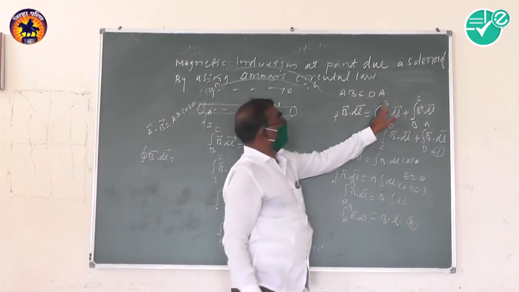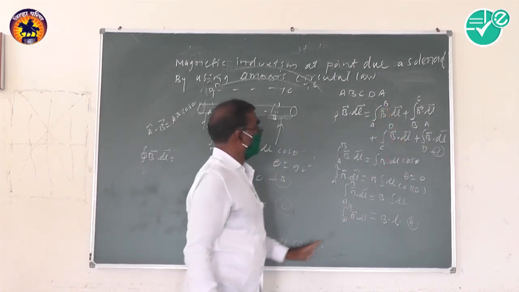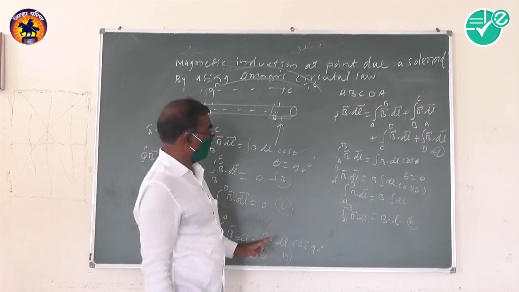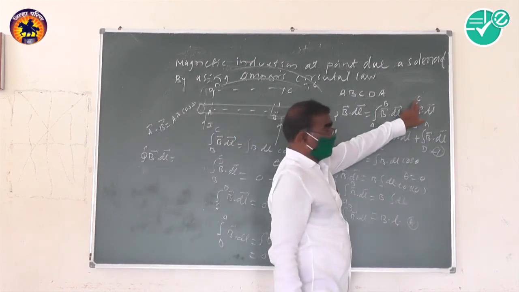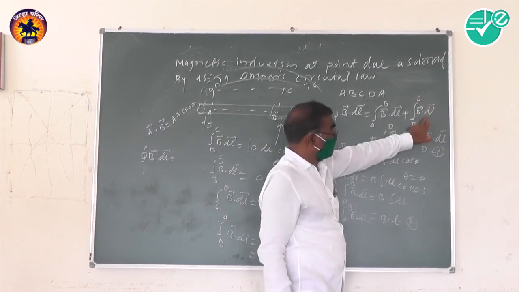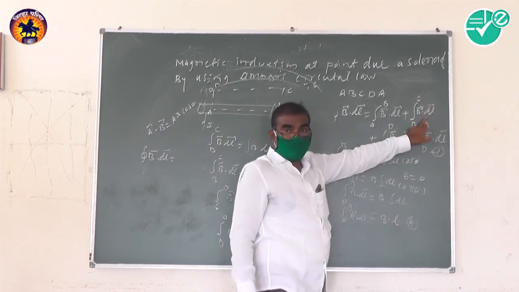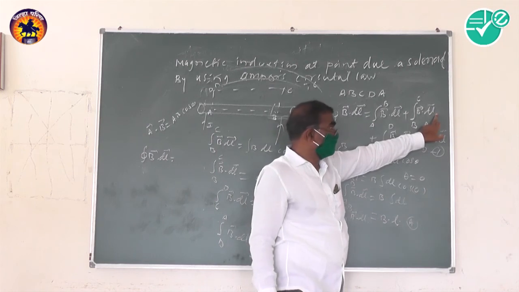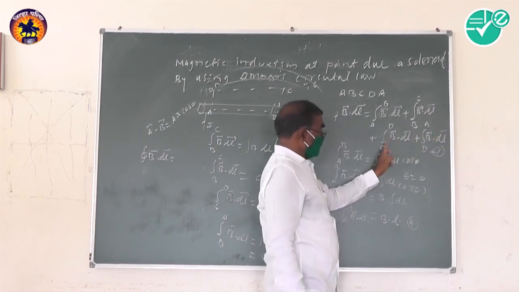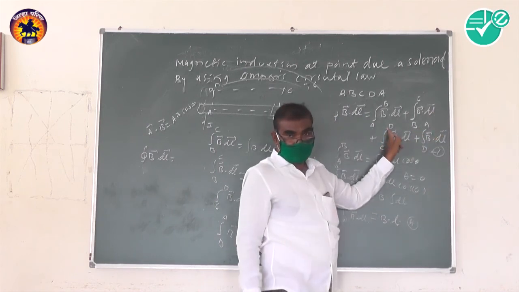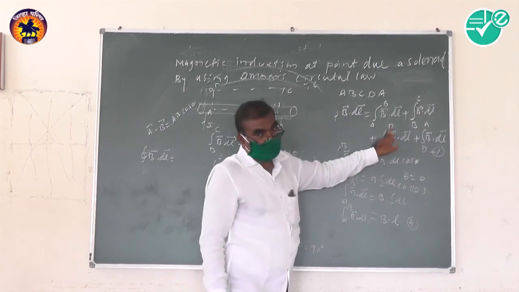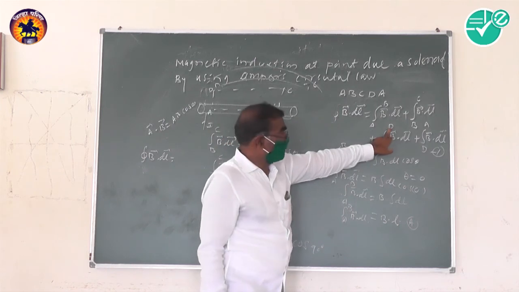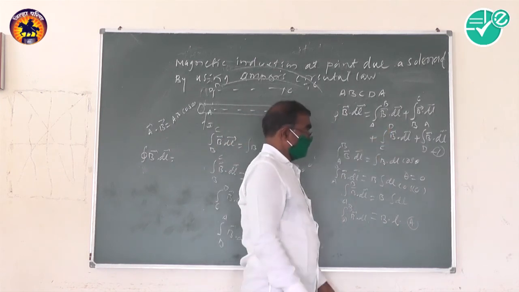The integration from B to C is 0, because the angle theta between B and dl is 90 degrees. For the side C to D, the side CD is outside the solenoid, so that is 0.